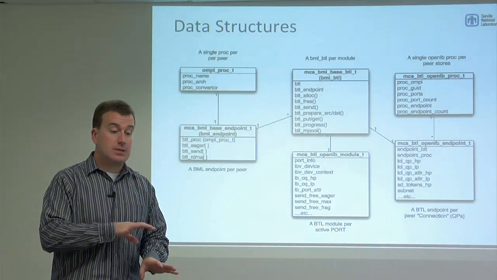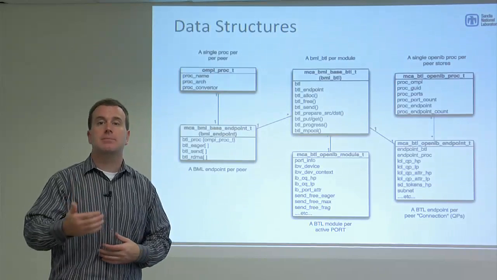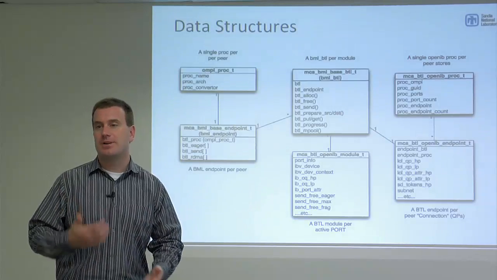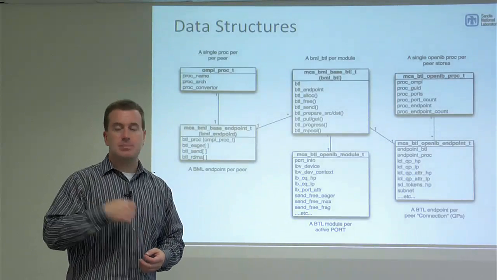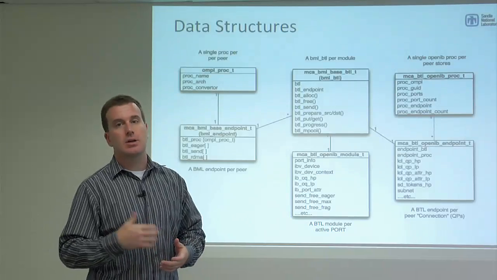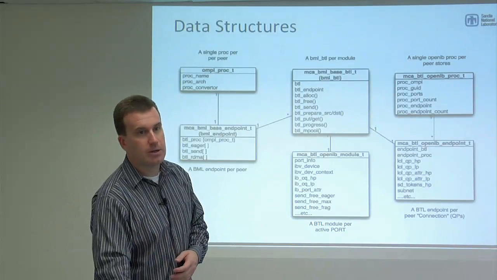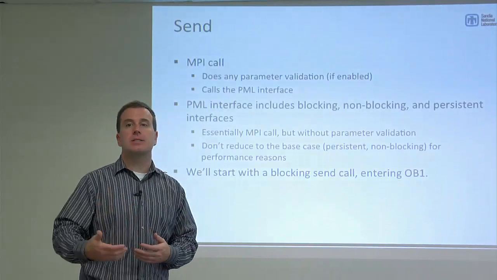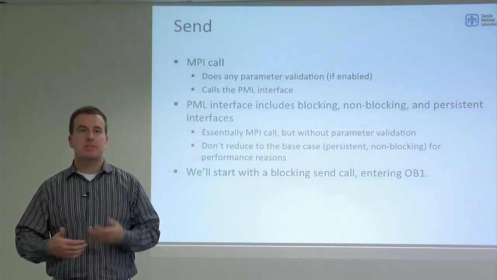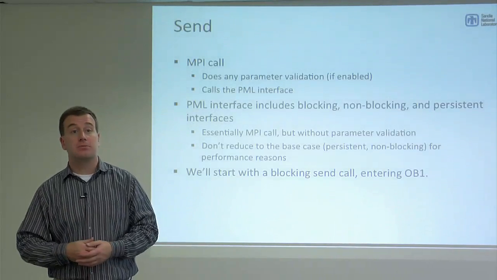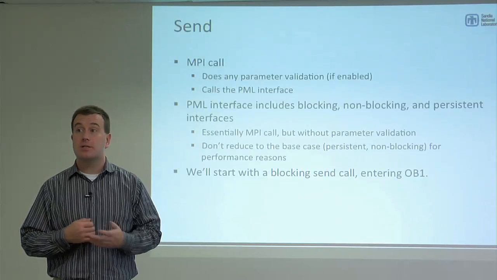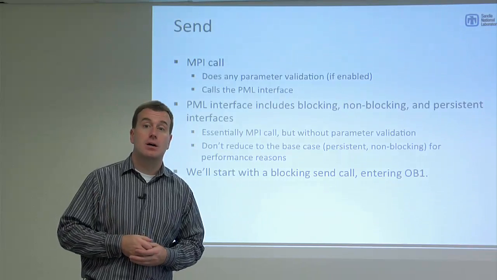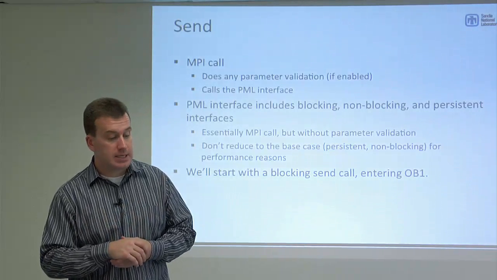While you might not have some of these structures, or they may not be as complicated in the TCP case, the names are going to be fairly similar. Take out OpenIB, put in TCP, and you can kind of know what that structure is being used for. So if you're writing a new BTL, you want to try and keep the names the same, just because someone else coming along to read it, to fix a bug, or to understand a performance metric is going to expect the names to be fairly similar to what that list had.